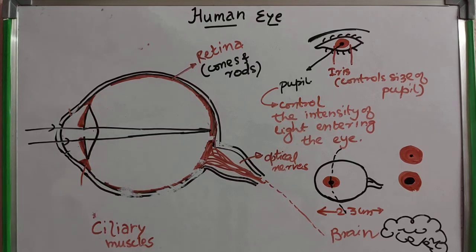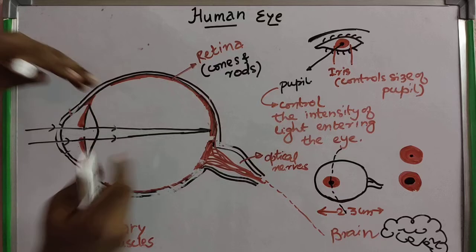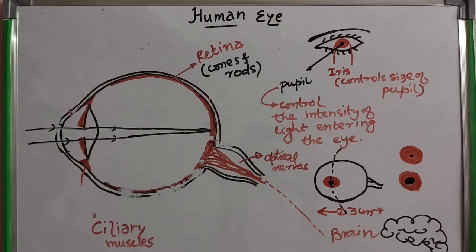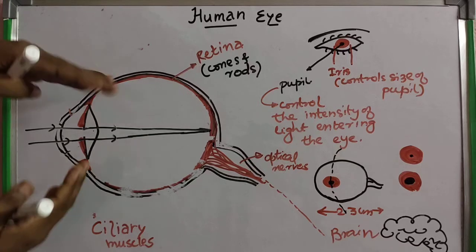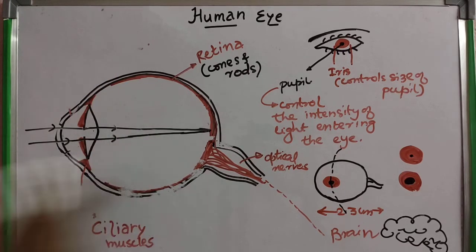See the extent of bending of light. Not much. When the object is far away, the bending is not much. Bending is less means the converging power of the lens is less, and so the focal length is large.